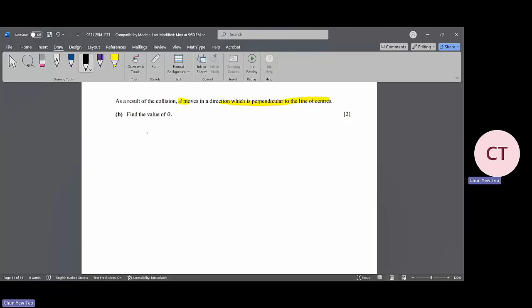So perpendicular to the line of centres means that after the collision, A, okay, maybe we can consider before, A is moving this way, theta. Then after the collision, A is moving perpendicular to the line of centres. That is your VA.